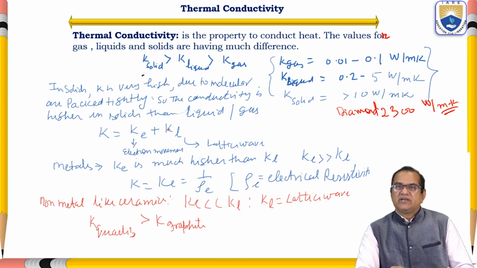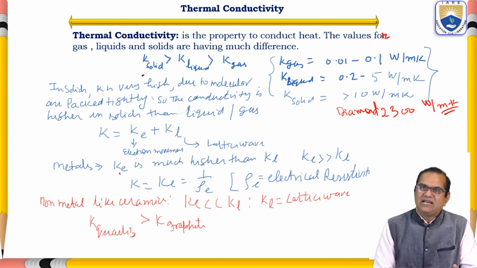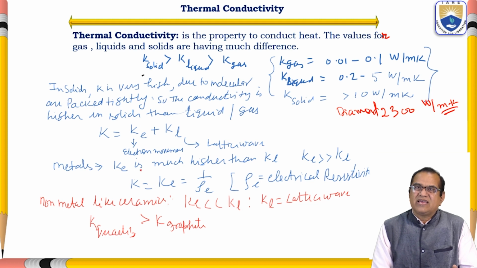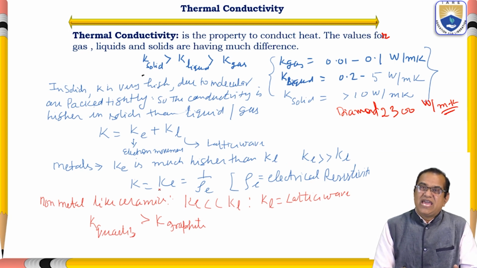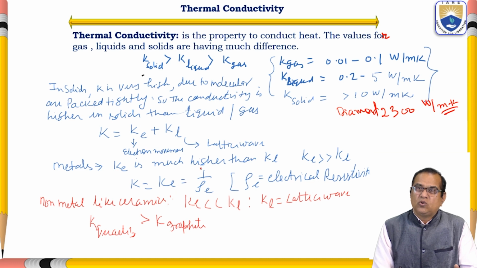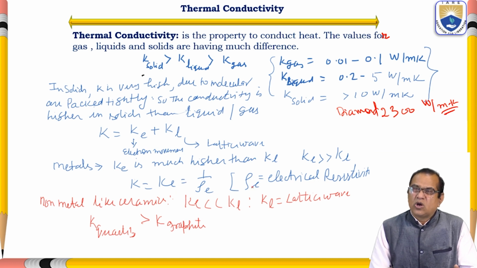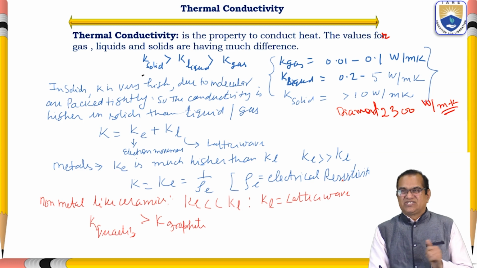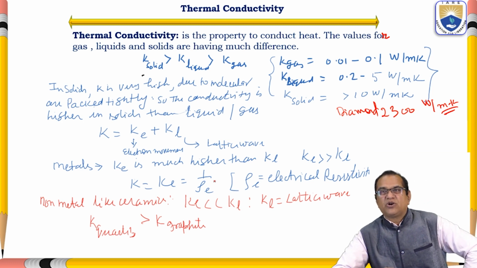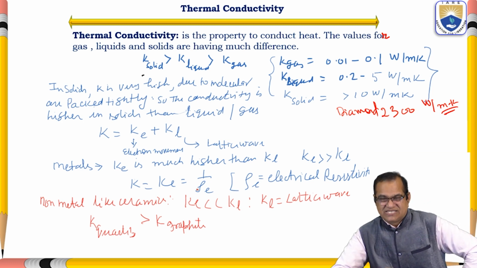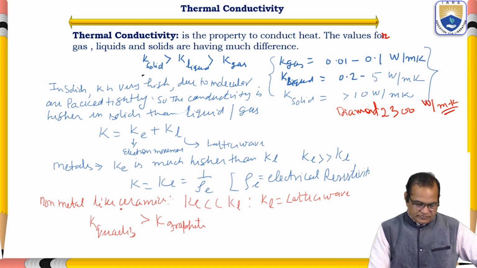We can see that for metals, Ke is very high, so Ke is greater than Kl. K is equal to Ke, which is 1 by rho e, where rho e is the electrical resistivity. So it is inversely proportional to the electrical resistivity for solids.